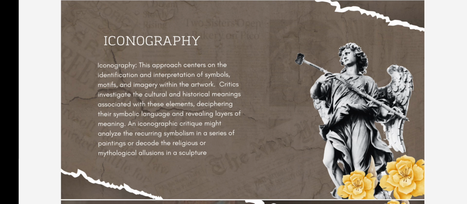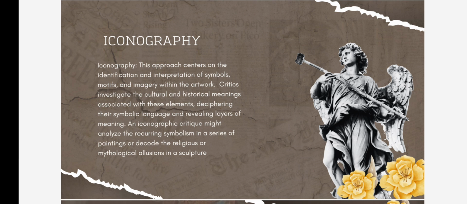Iconography is the approach concerned with the identification and interpretation of symbols, motifs, and imagery within the artworks. The critics investigate the cultural and historical meanings associated with these elements, deciphering their symbolic language and revealing layers of meaning.